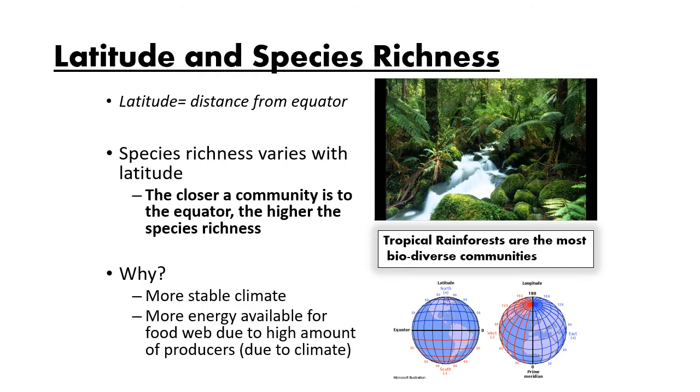There's a more stable climate and there's more energy available for the food web due to a higher amount of producers, due to the climate and having the sun hit it perfectly for those 12 hours a day.